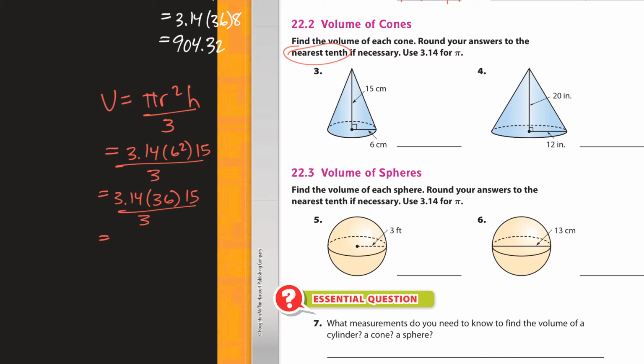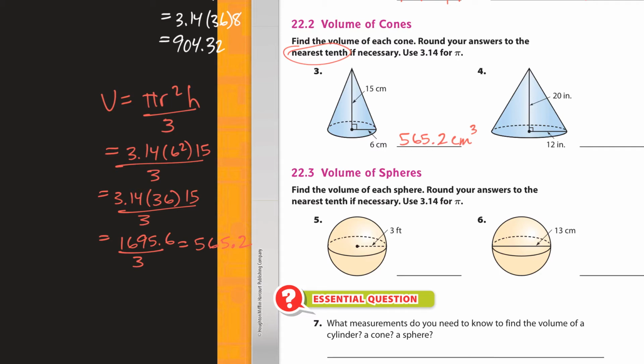Anyway, I'm about to multiply 3.14 times 36 times 15. And I get 1695.6, and then divided by 3. And that is 565.2. So that's 565.2 cubic centimeters.